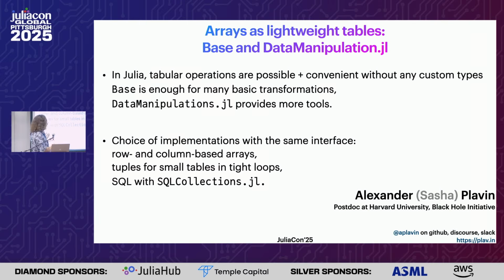The key thing is that you write your code using some functions, and they work on row-based or column-based arrays, which you can choose afterwards. They work on tuples for small tables. And most of the code is compatible with SQL, with the SQLCollections.jl package. You can use map, filter and group, and they will work exactly the same on SQL tables without materializing everything, as they do on in-memory datasets.